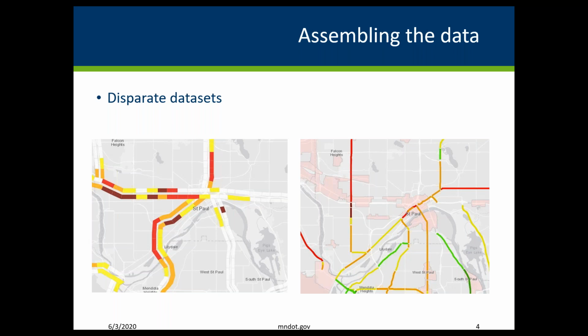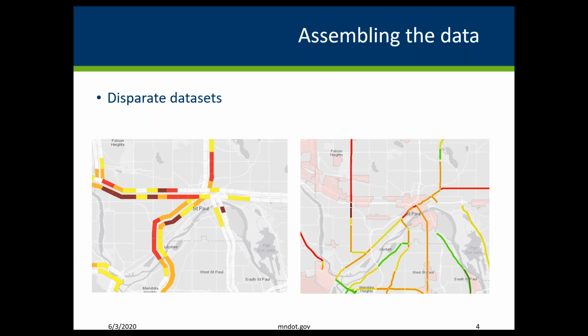Whereas on the right, we also want to show congestion for roads that aren't part of the freeway network. So state highways that don't have the same access control and don't have the loop detectors embedded. So for that, we take mobile data off of cell phones in order to gauge traveler behavior. So this map shows congestion based on the relative slowdown in speed from the overnight period.